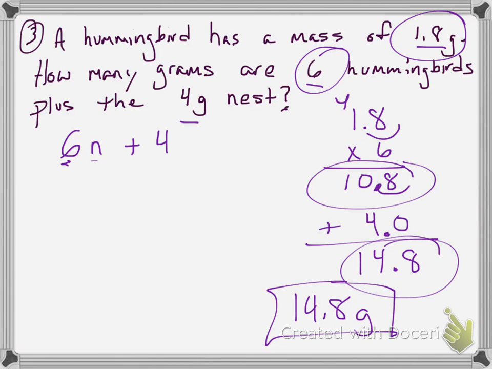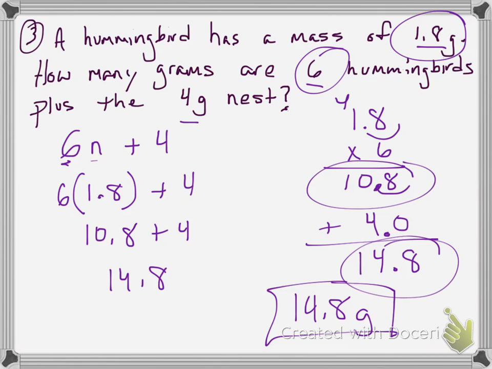So once I do my substitution, I'd have 6 times 1 and 8/10 plus 4. We already did this multiplication right here, and we know that that is 10 and 8/10. And we also already did this addition, and we know that it would be 14 and 8/10. So we get the same answer, just looks a little differently.